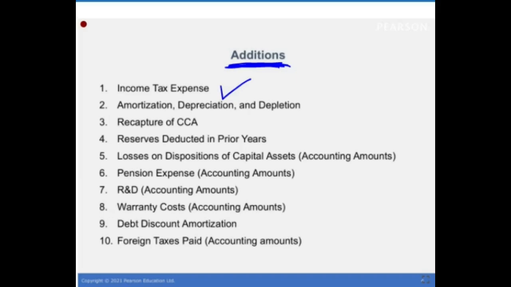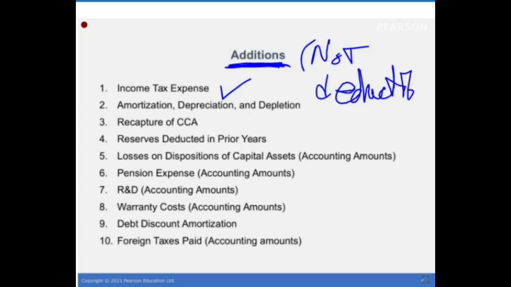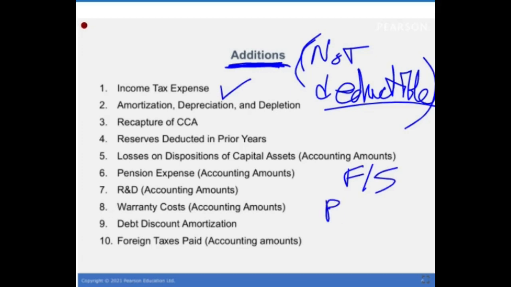We're adding things that are not deductible. That's why we're adding them. So in other words, you have a set of financial statements. Financial statements, they have revenues minus expenses, right, to get net income.